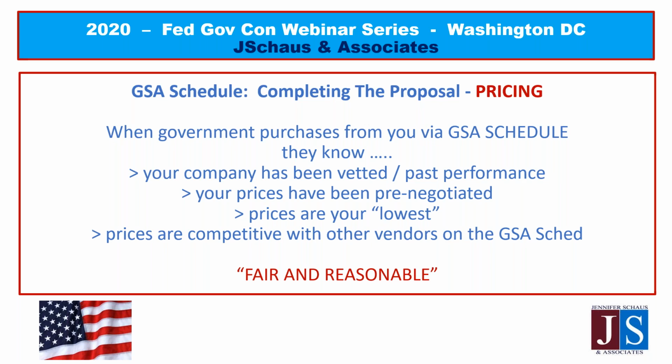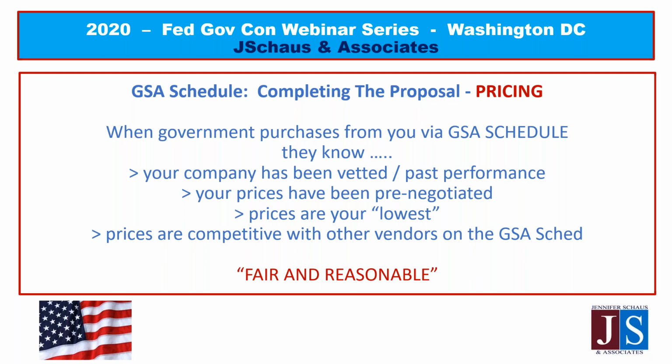Also, primarily, as I mentioned, the focus of the schedule, 99.999% of the schedule, is to ensure that GSA has negotiated your absolutely lowest prices. So that way, when the government buys from you, they know that you've already been, quote unquote, checked out, that they're getting the best price. And they also know that your prices are competitive with the others on the schedule.